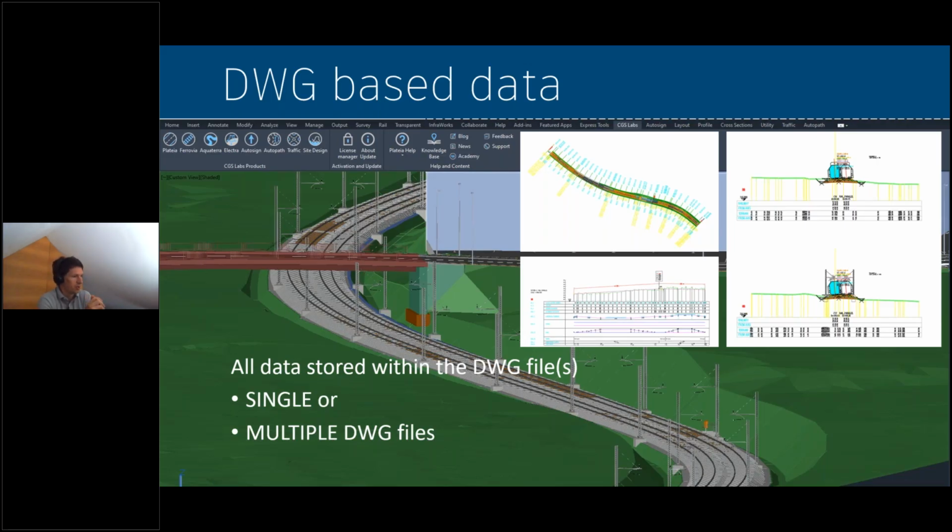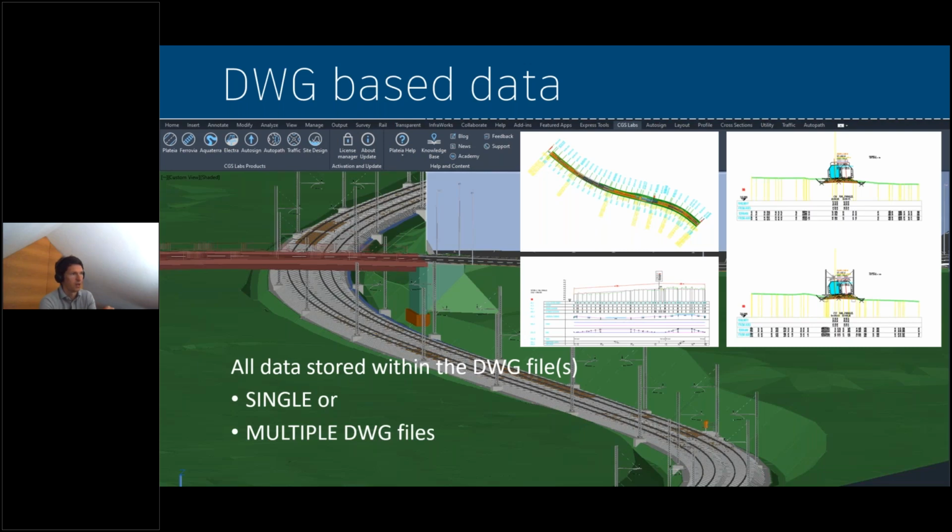Another thing that's important is that all the data can be stored in a single file, so you can design your layout, profile, cross sections, your BIM model in a single DWG. Or you can actually open different DWGs and link them together by our project feature.